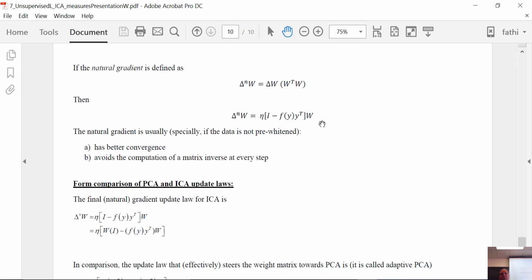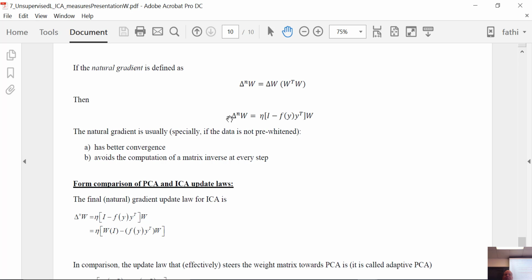And this is one form of having this update law, and the interpretation of this update law is saying the change of weight is going to have the difference between the identity matrix and a covariance matrix that uses nonlinearity, okay? And then times this weight. That's the update.